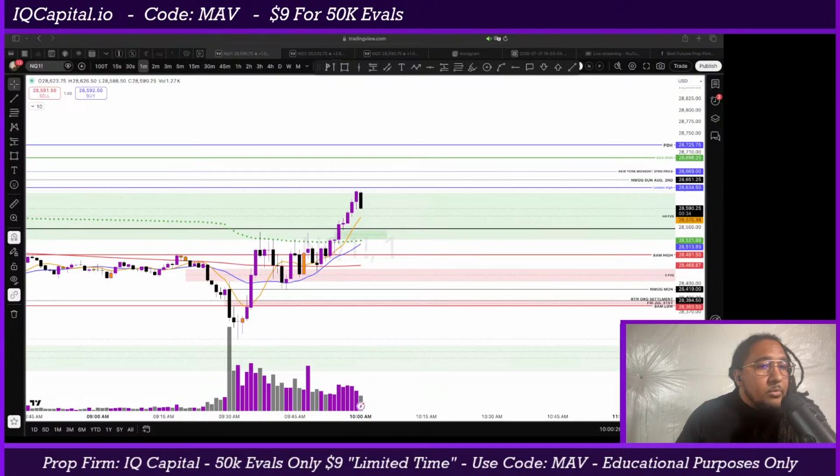We're starting to see a pullback here on the 1 minute, which is good. Let's see if we can get back down to that 1 minute fair value gap here.